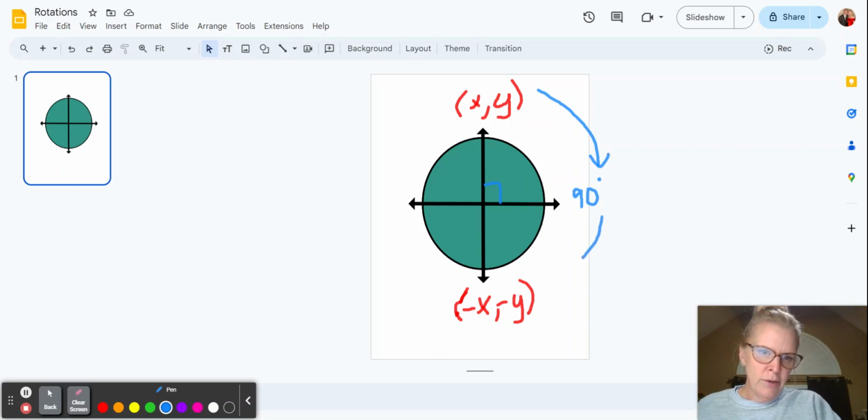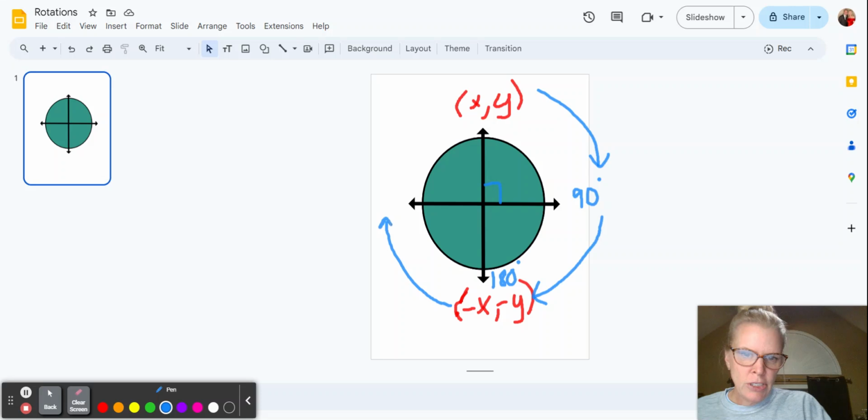Then you go here, and that would be a 180-degree turn. So two rotations. Got another one. That would be 270 degrees. And all the way around the circle is 360 degrees. And that's when going clockwise.